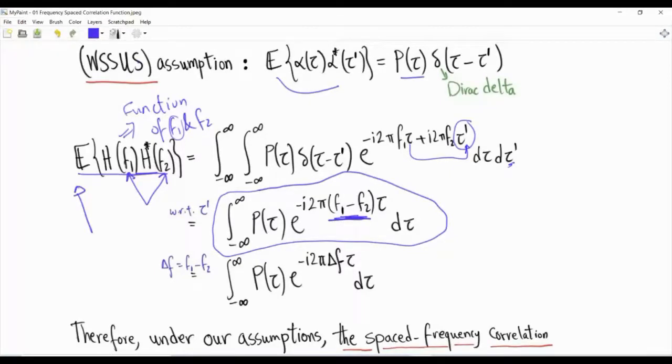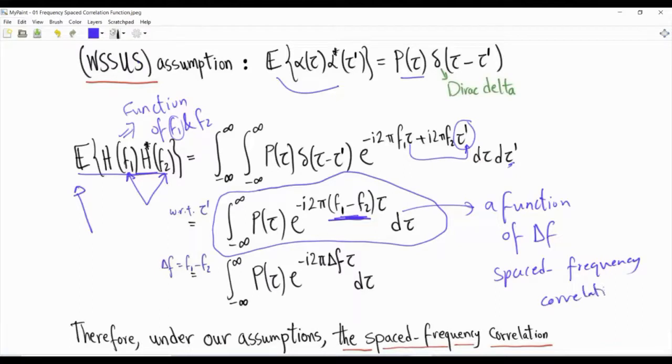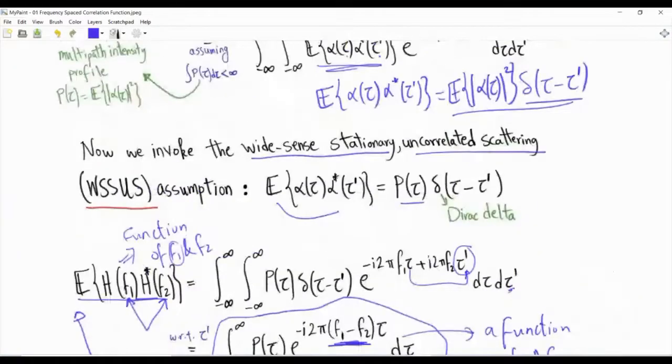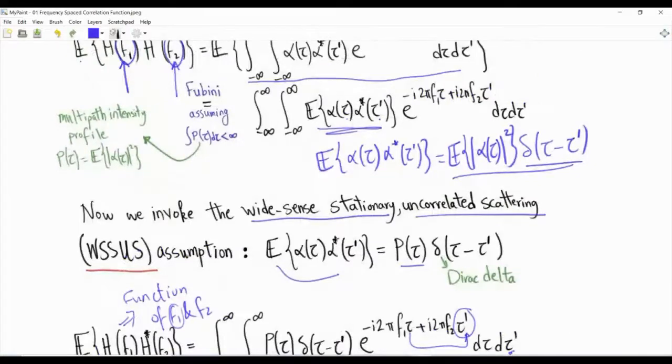I can just say that it is a function of delta f, and so it's called the spaced frequency correlation function. Again, this is not general. If you don't invoke this assumption, you will end up with a formula that generally depends on f1 and f2.